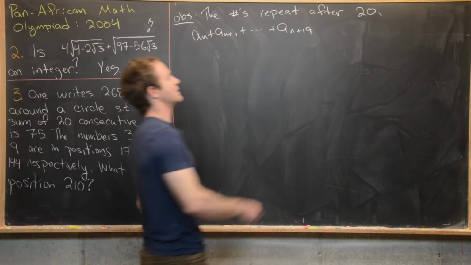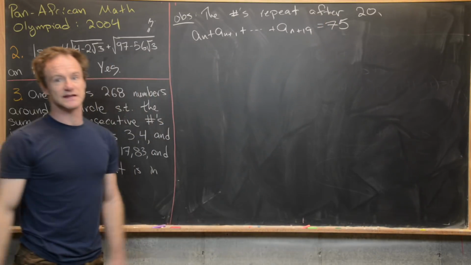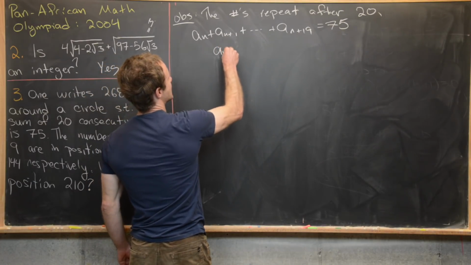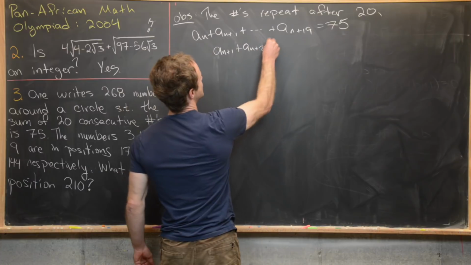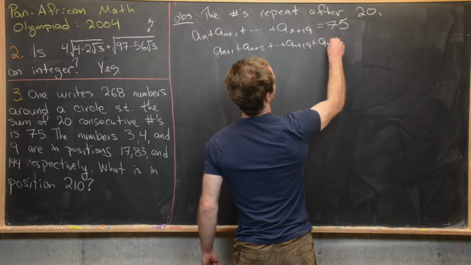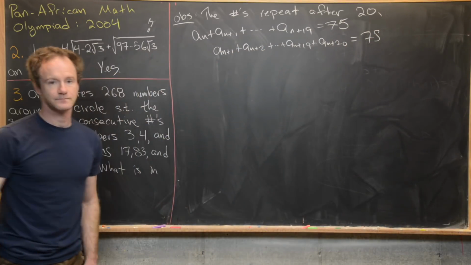Okay, so we know that this is equal to 75 because that's a sum of 20 consecutive numbers, but then we can offset this by 1. So a_{n+1} plus a_{n+2} up through a_{n+19} plus a_{n+20} also equals 75.